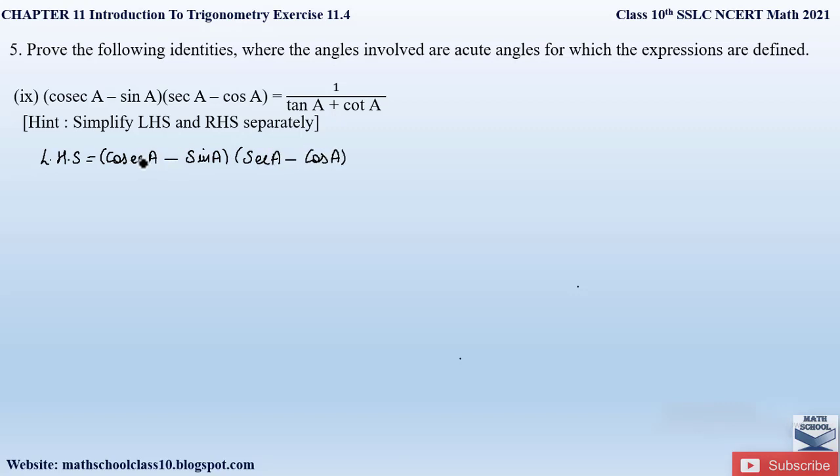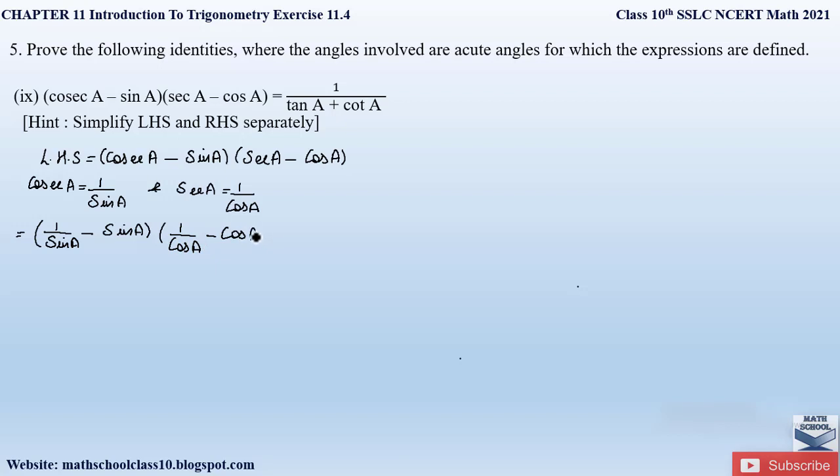So here substitute cosecant A as equal to 1 by sine A and secant A as equal to 1 by cos A, as we know that cosecant A is equal to 1 by sine A and secant A is equal to 1 by cos A. So substituting, we will get (1 by sine A minus sine A) into (1 by cos A minus cos A), right?